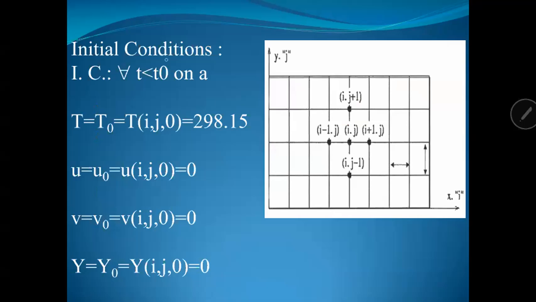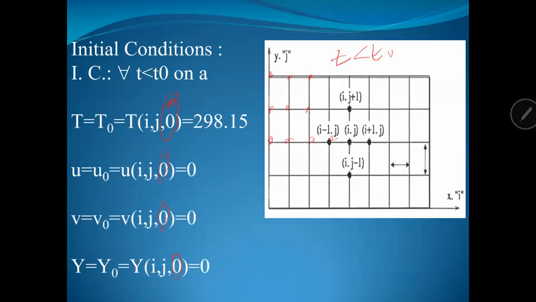I start with the initial condition when t belongs to t0, then we'll say the index n here is equal to 0, for the temperature, velocity, and mass fraction. Okay? And then all the values here at time t equal to 0 are known values.